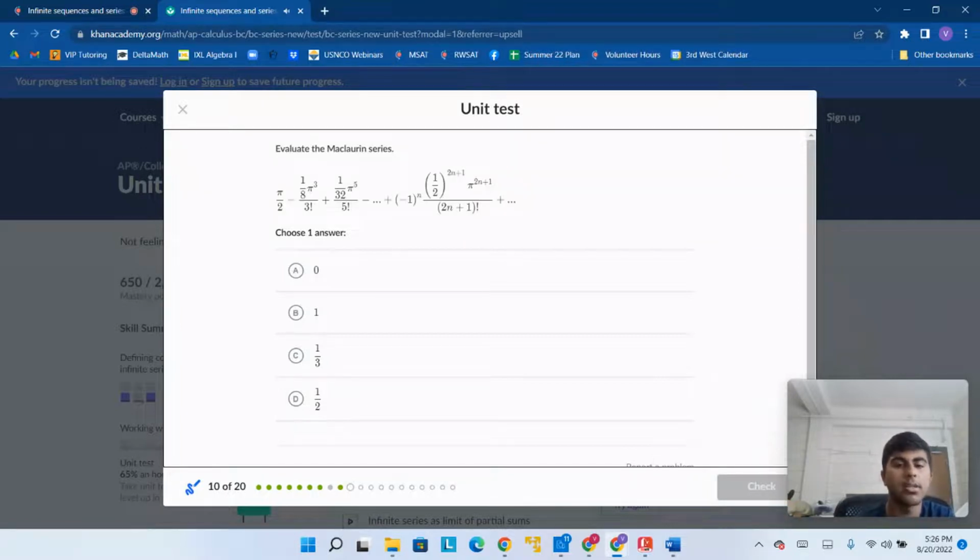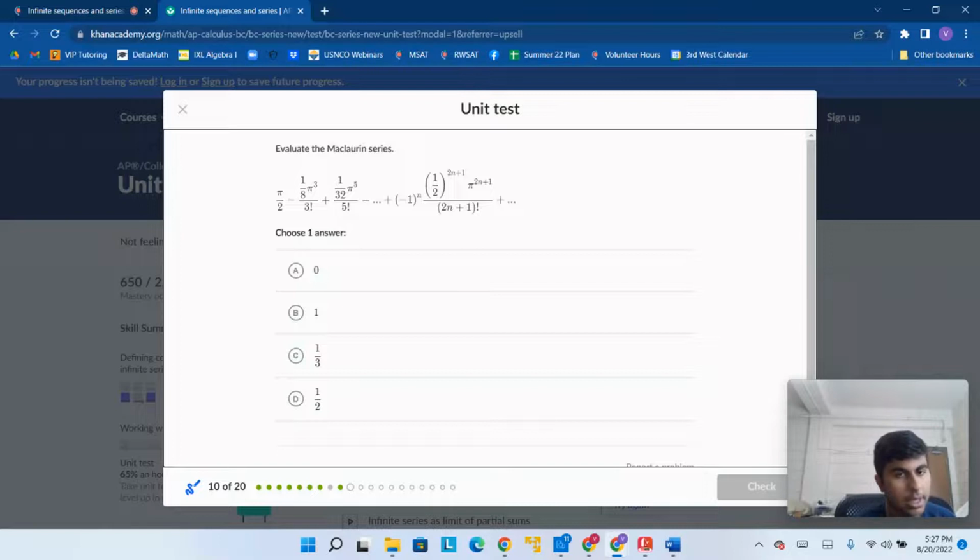Evaluate the Maclaurin series. Oh god. Okay. How are we going to do this question? Obviously, we're going to have to try to change this into a version that's like an actual function, right? What I see when I look at this is that you essentially have pi over 2.